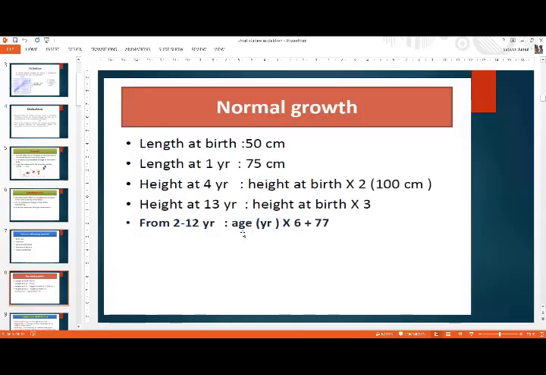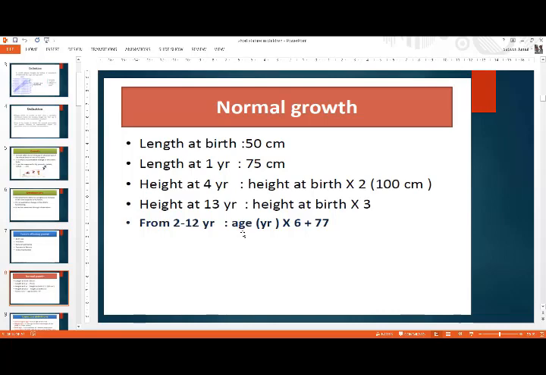Normal growth parameters. A few important milestones. At birth, the normal length of a child is 50 centimeters, and it increases to 75 centimeters at 1 year of age. At 4 years, it can be calculated by a formula: take the length of the child at birth and multiply it by 2.